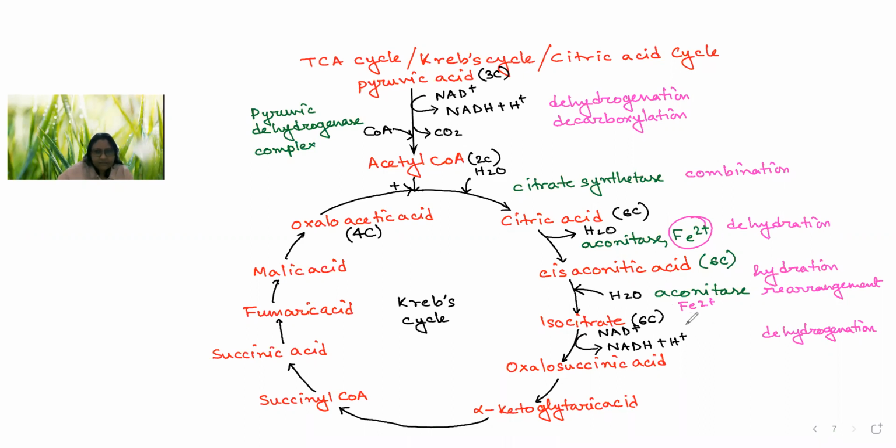Isocitrate synthetase. It's not synthesizing, beta. Isocitrate is forming oxalosuccinic acid. So how can it be synthetase? It will be isocitrate dehydrogenase, isn't it? Yes or no, beta?